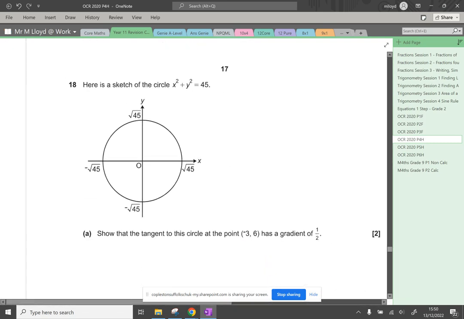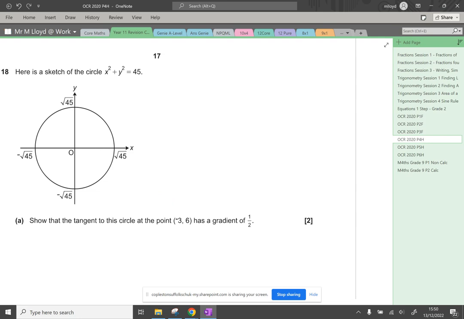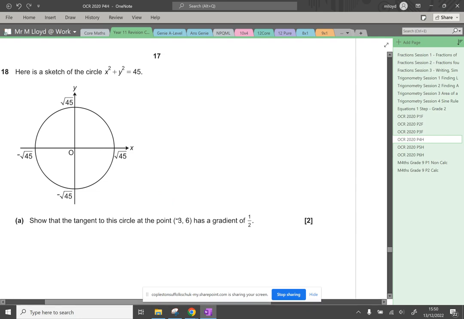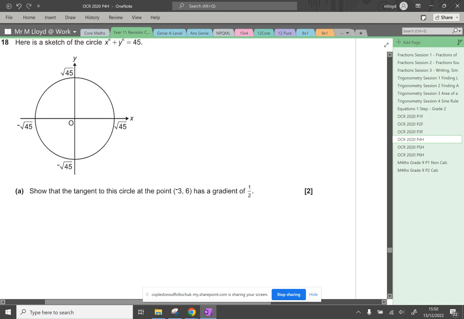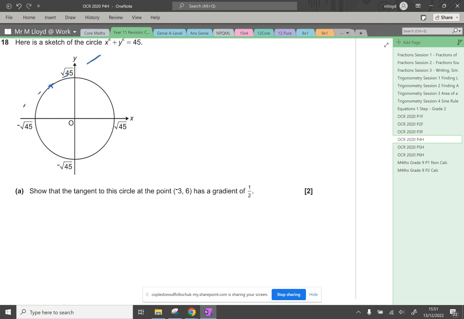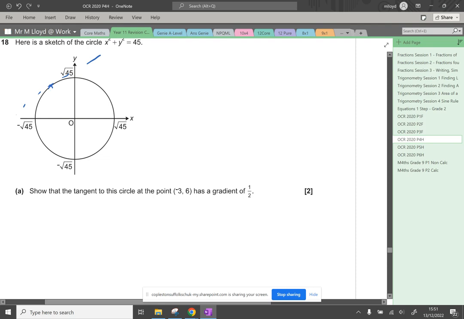Right, here's a sketch of a circle. It's got radius of root 45. Show that the tangent to this circle at the point -3, 6 has a gradient of a half. So -3, 6 is probably about there somewhere. Yeah, tangent. So from 0, 0, this is the perpendicular. We've got 0, 0 and -3, 6.